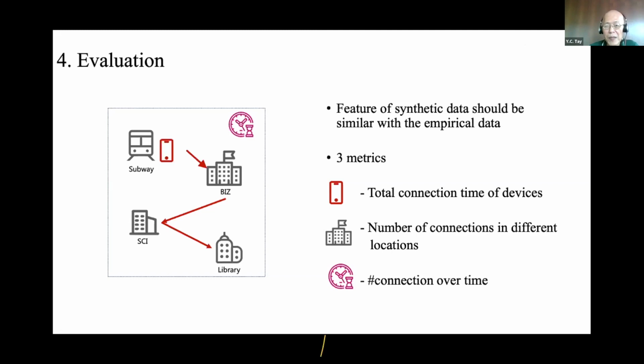Does the HMM capture information like a student is likely to use a phone device for 15 minutes at the canteen during lunch? Feng, can you answer that?